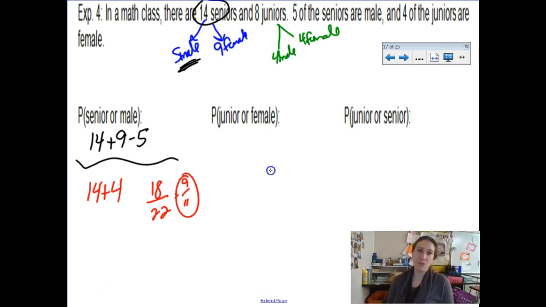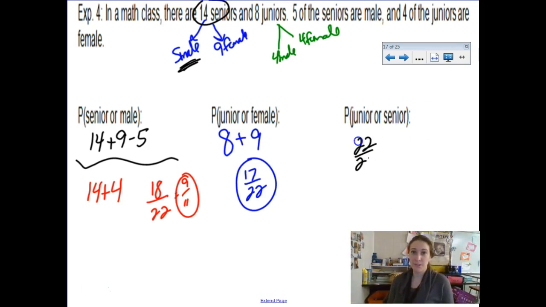So same idea for a junior or female. You can use the union formula, or you could say, right, there's 8 juniors, but there's these 9 females I haven't counted yet from the senior class. So that's 17 out of 22. And then junior or senior, those are mutually exclusive. So I would just say 14 plus 8 is 22 out of 22. And that's a 100% probability.